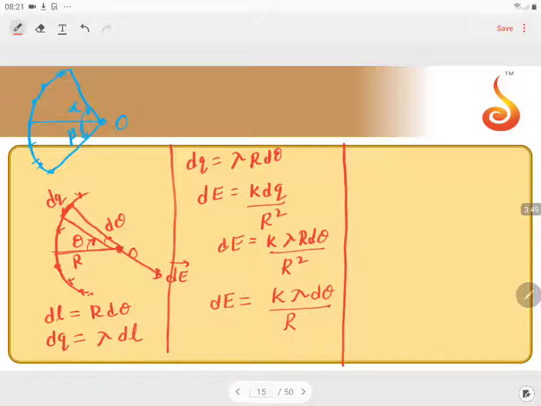So we can resolve this into two components, x component and y component. So if this is theta, this also will be theta. So x component will become dE cos theta, y component will become dE sin theta. Because we have chosen this as theta, dE x will be equal to dE cos theta.